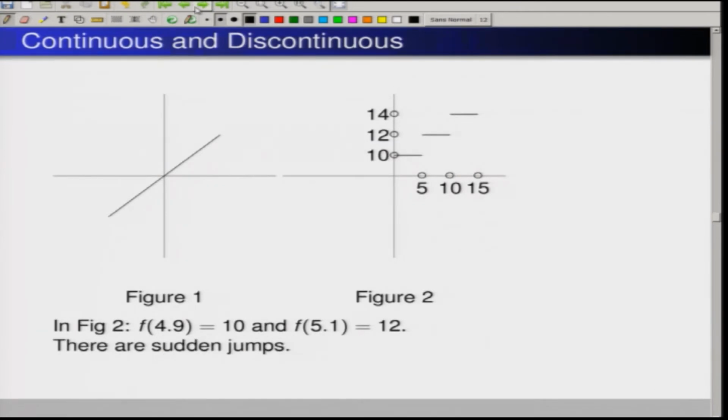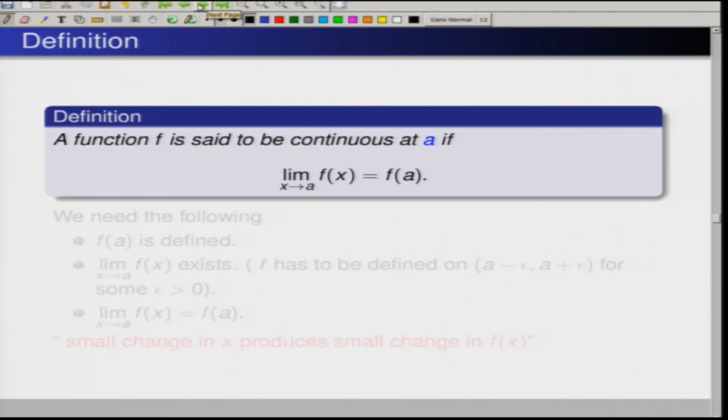So, we call a function f continuous at a if the limit of f of x, as x goes to a, is equal to f of a. Let us see what assumptions we are making while saying this. First, f of a is defined.